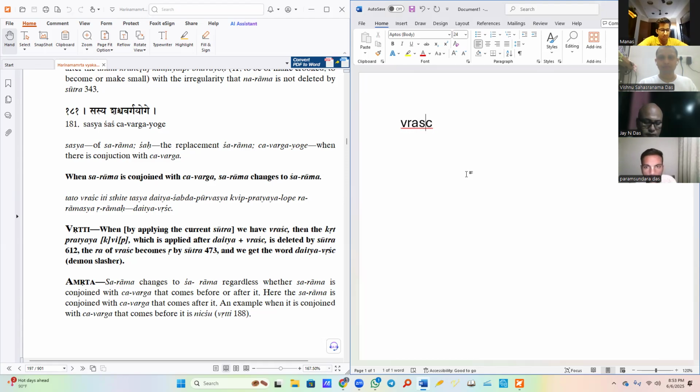So the sutra says in such a case, Sarama changes to Sh. So it becomes Vrasht. Sa becomes the dental Sa becomes the Talavya Sh, Vrasht.